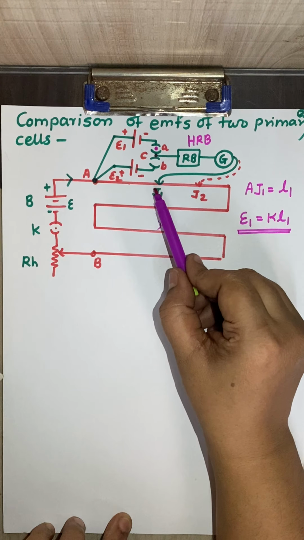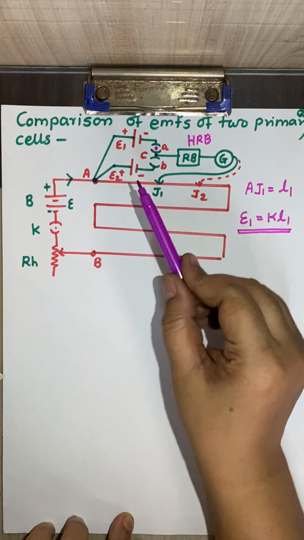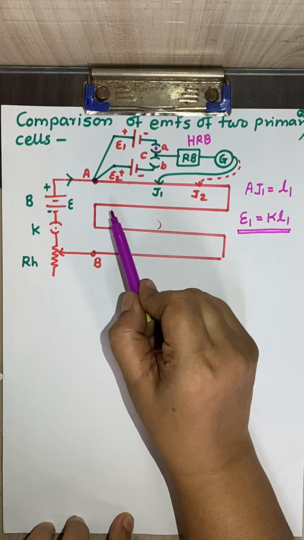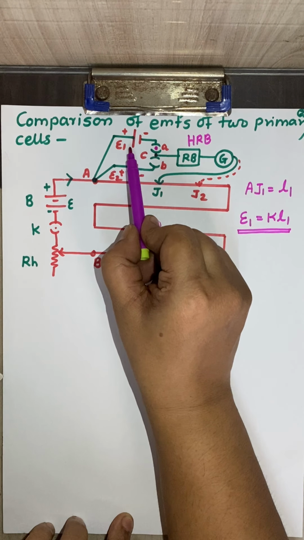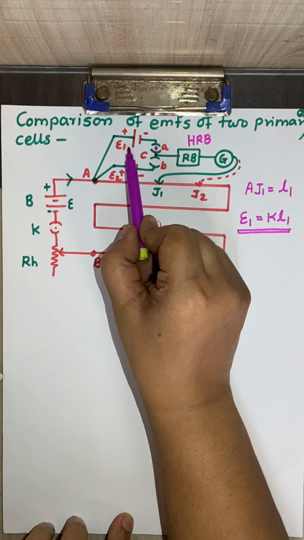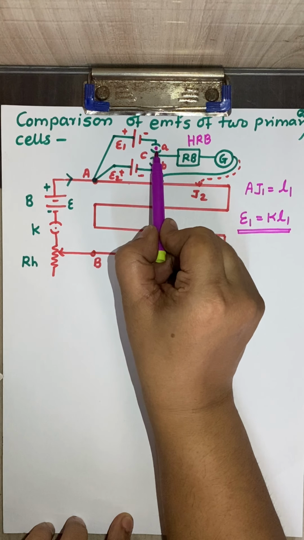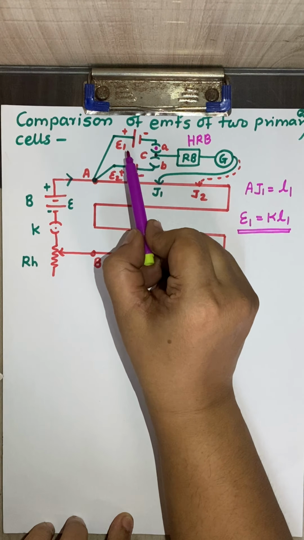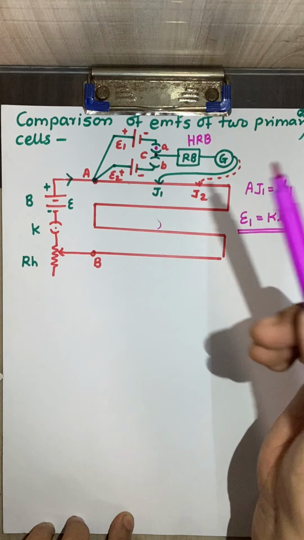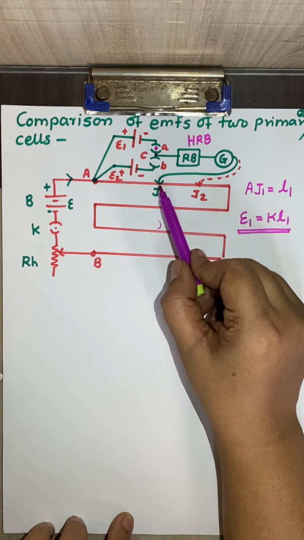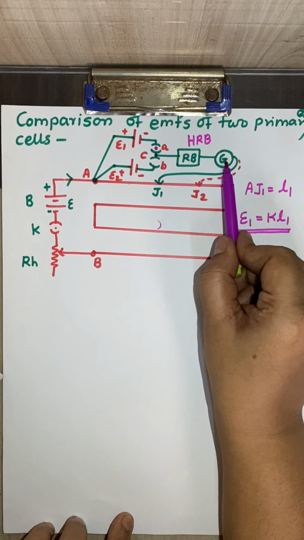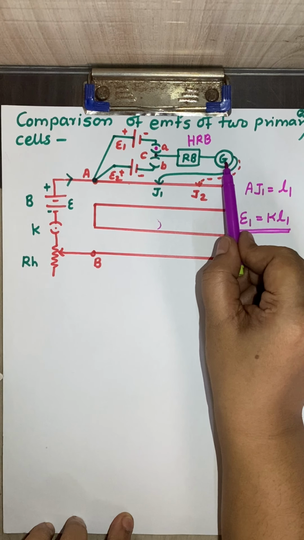But the moment the potential across the wire becomes equal to the EMF of the cell which is now in the circuit, both potentials are the same, and at that time the current will never flow through the circuit. So between these two terminals, the galvanometer shows the null or zero deflection.